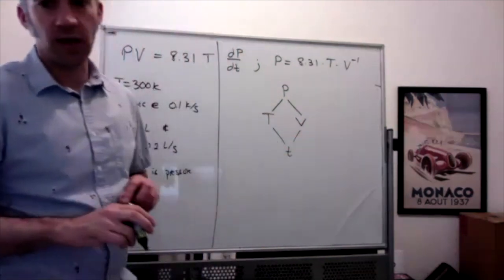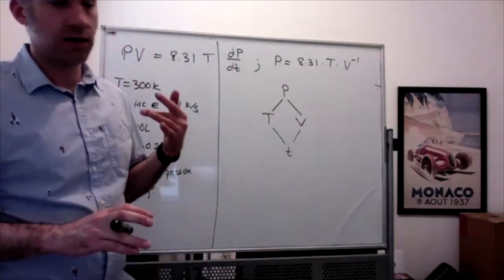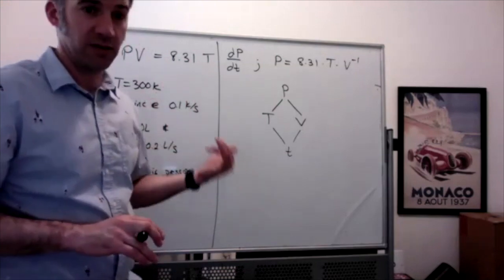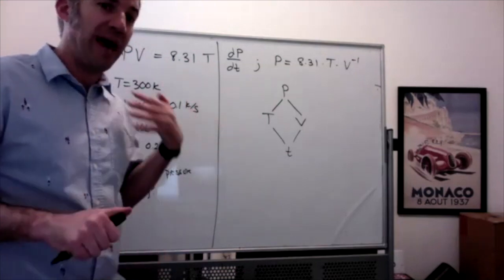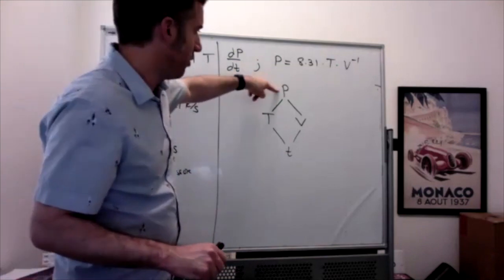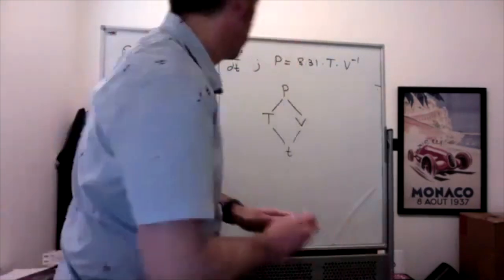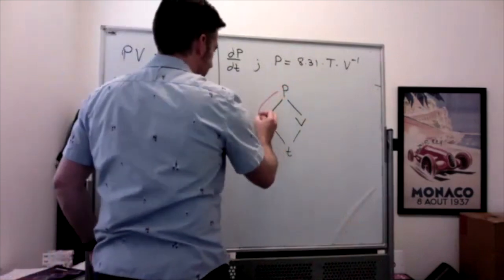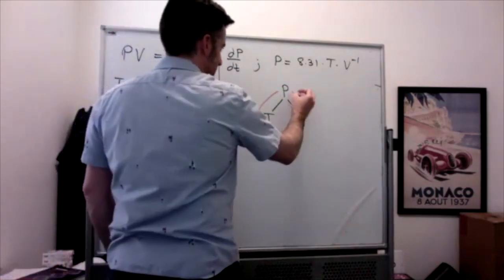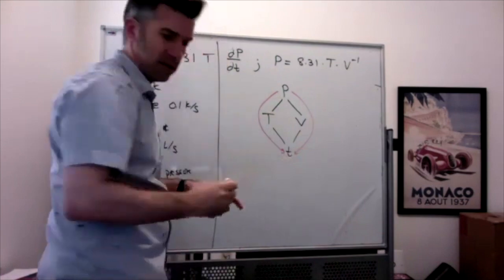So the way we write down the derivative of P with respect to time is we have to find all the pathways from pressure to time. Here's one pathway, here's another.